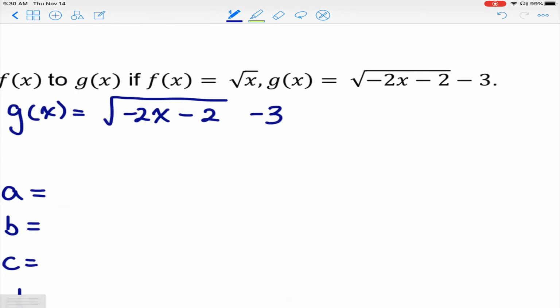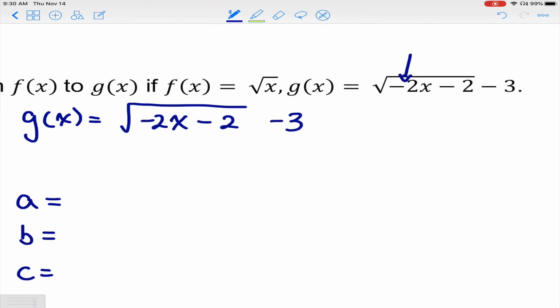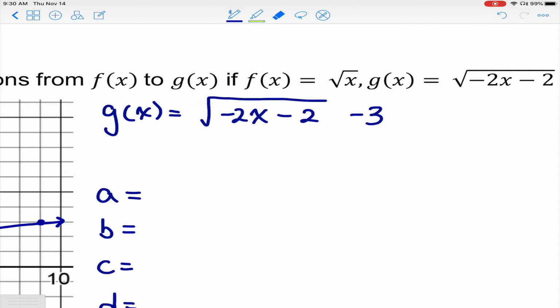As you can see from the actual function, the negative 2 in front of the x is not factored out. Make sure you factor that out all the time. That's the first thing you have to check. Remember, the consequence of not doing so will give you the wrong c value. So I just rewrite g(x) to factor the negative 2 out.